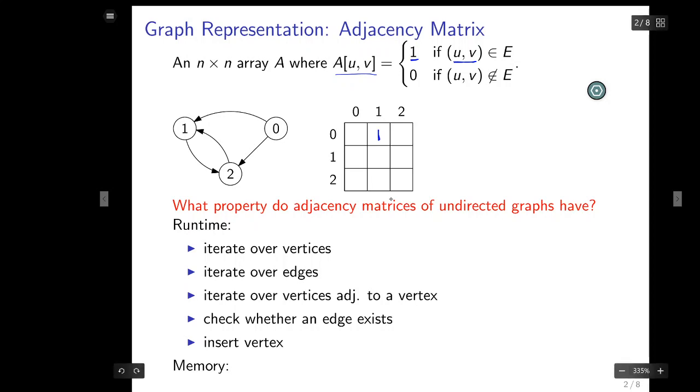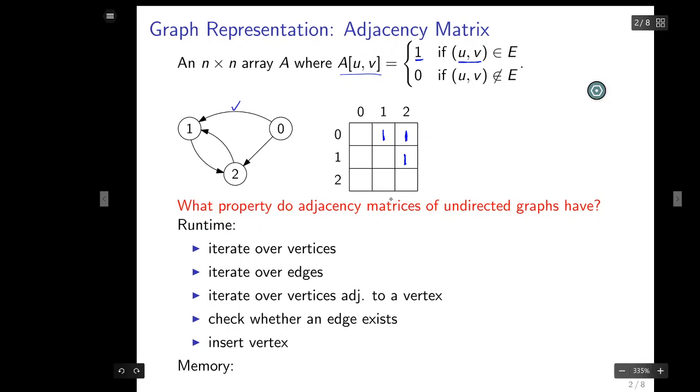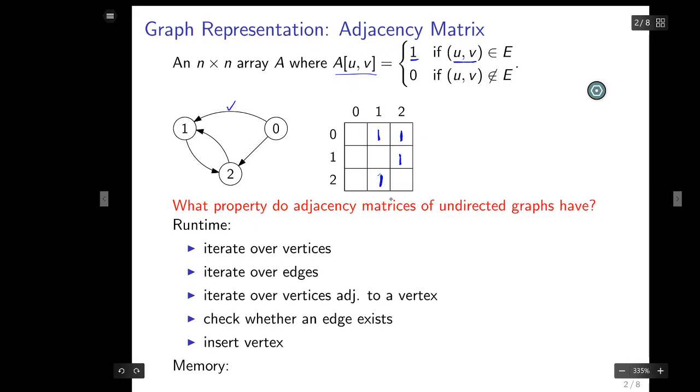That's this edge. Then there's also an edge from 0 to 2, so I'll put a 1 there. And then there's an edge from 1 to 2, and an edge from 2 to 1. And everywhere else is 0. That's the adjacency matrix representation for this graph.